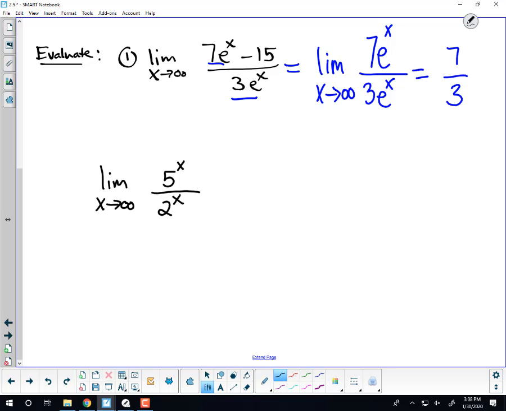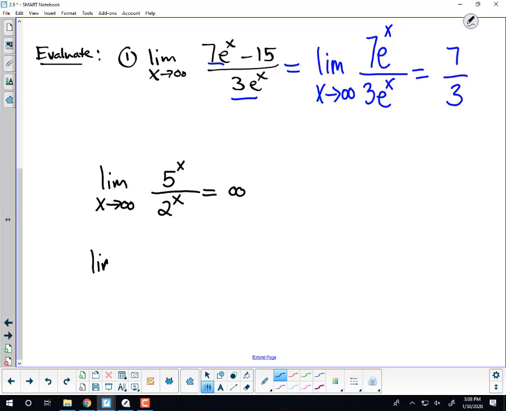Okay, good. So the limit is infinity because the top gets larger much more rapidly than the bottom. Even though they're both going off to infinity, the function on the top grows a lot more rapidly than the function on the bottom. So something like this, we'll be able to show later in this class that this limit is infinity.